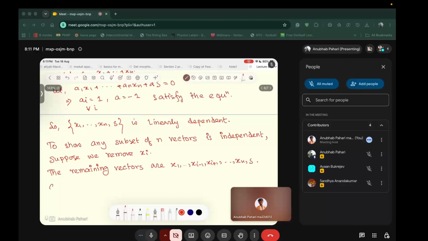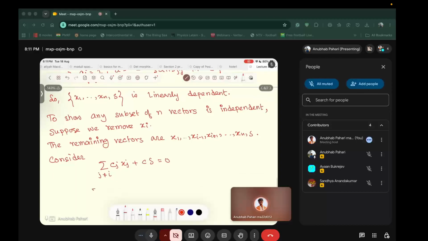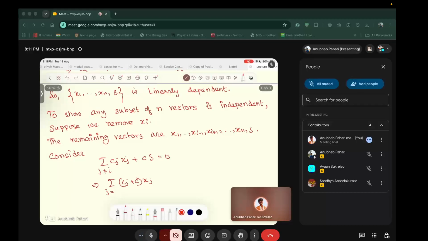Now consider the linear combination equal to 0, that is Cj of xj, j not equals to i, plus C of s is 0. So this would give us summation Cj plus C of xj, j not equals to i, plus Cxi equals to 0.